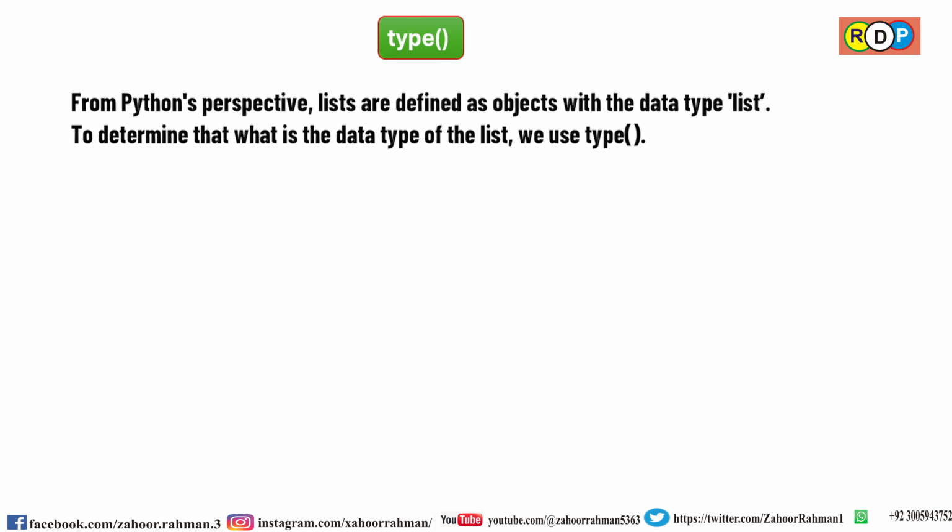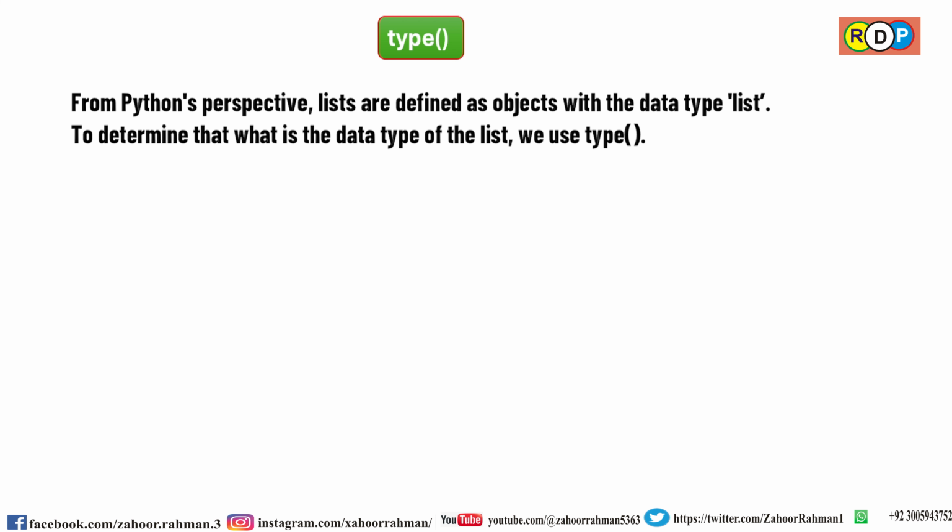So the next topic is the type of the list. From Python's perspective, lists are defined as objects with data type list. To determine the data type of the list, we use type. Now here is a technical word used, objects, which is beyond the scope of this lecture.